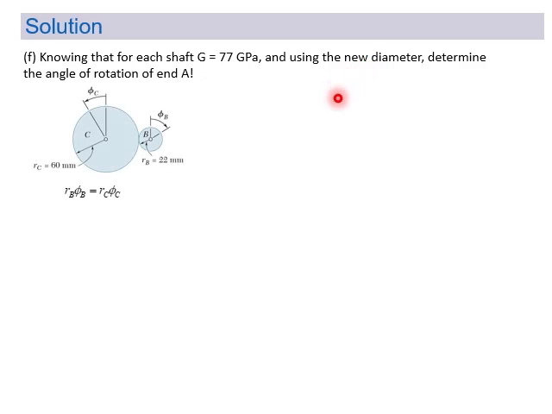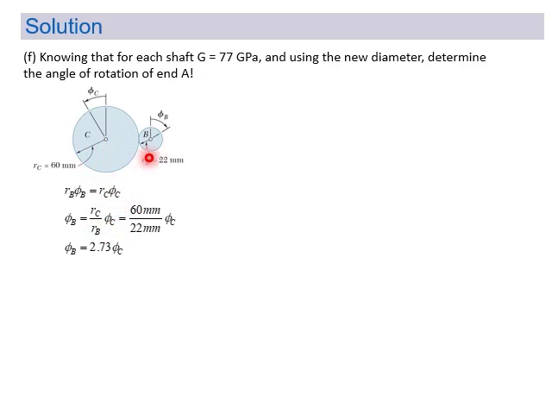First, in order to define the rotation angle at A, we need to derive the relationship of rotation angle between gear B and gear C. As we learned in class, because gear B and gear C are connected, the rotation arc of gear B should be equal to the rotation arc of gear C, and therefore we have this relationship: R_B times the rotation angle of gear B is equal to R_C times the rotation angle of gear C.